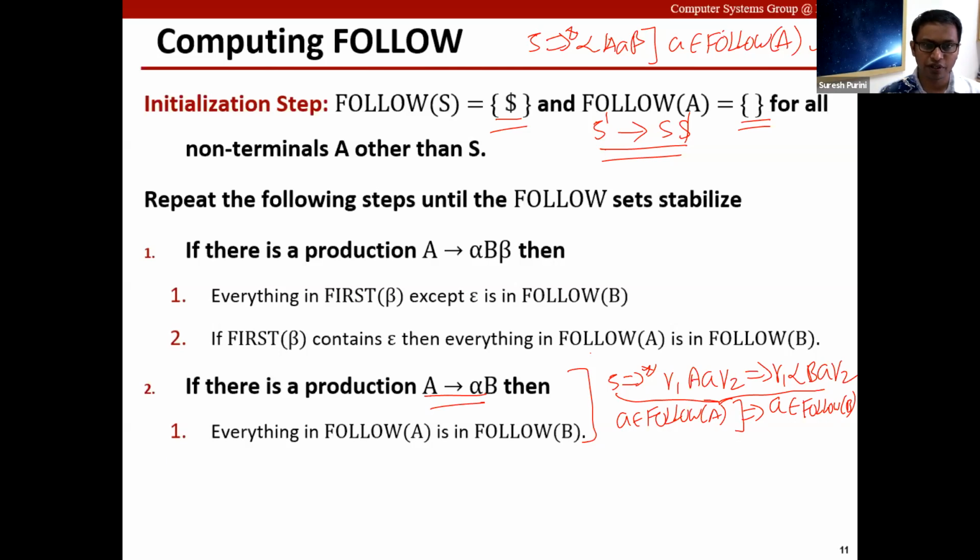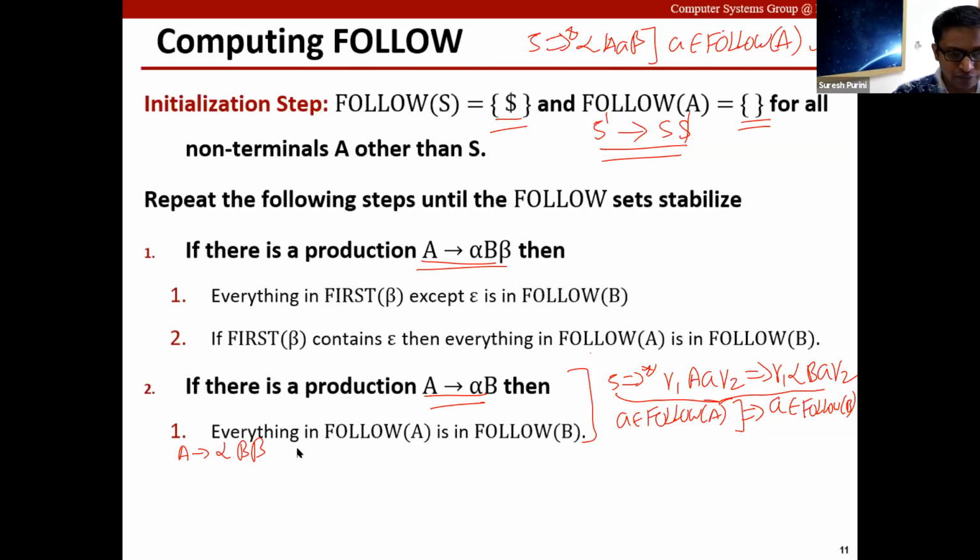This is the simplest observation. Next, consider the case where we have a substitution rule like this. A goes to alpha B beta. So let's consider this case.